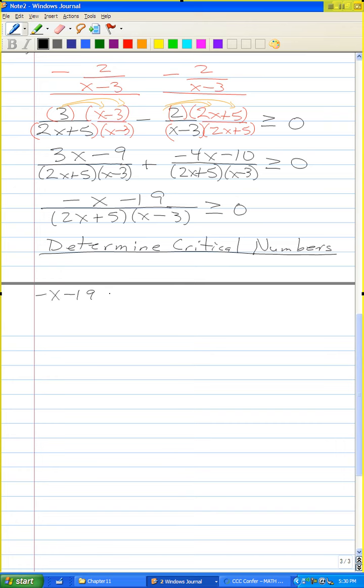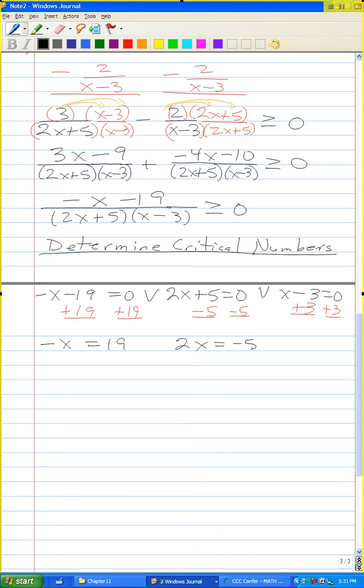Negative x minus 19, 2x plus 5, x minus 3. So add 19 to both sides of your equation. Subtract 5, add 3 to both sides of your equation. So I get negative x equals 19, 2x equals negative 5, x equals 3.